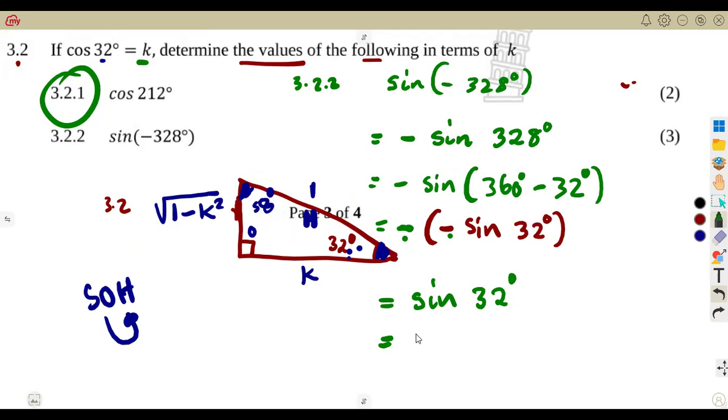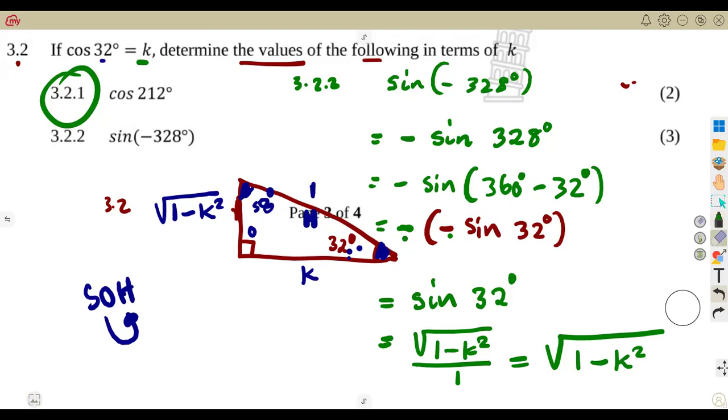Opposite, the square root of 1 minus k squared, over the hypotenuse. What is the hypotenuse? It is 1. Dividing by 1 does not affect anything, so it will remain as it is: the square root of 1 minus k squared. So this is sine 32 degrees in terms of k.